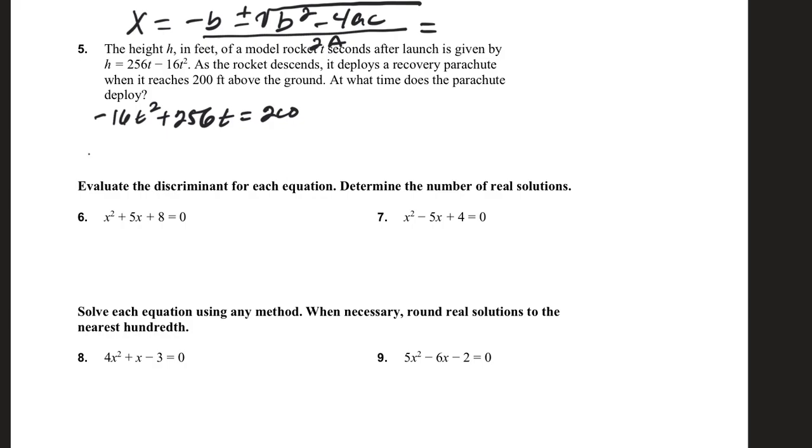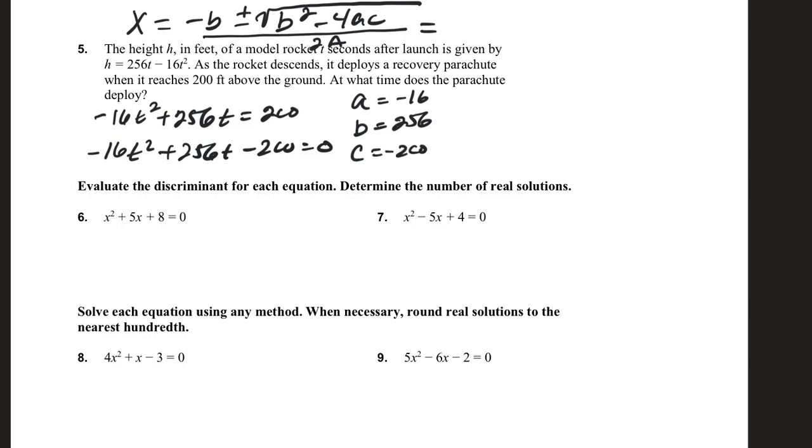So you're going to have to rewrite this equation so it equals 0. Now we can figure out the time. So we need to identify A, which is negative 16, B, which is 256, and C, which is negative 200.